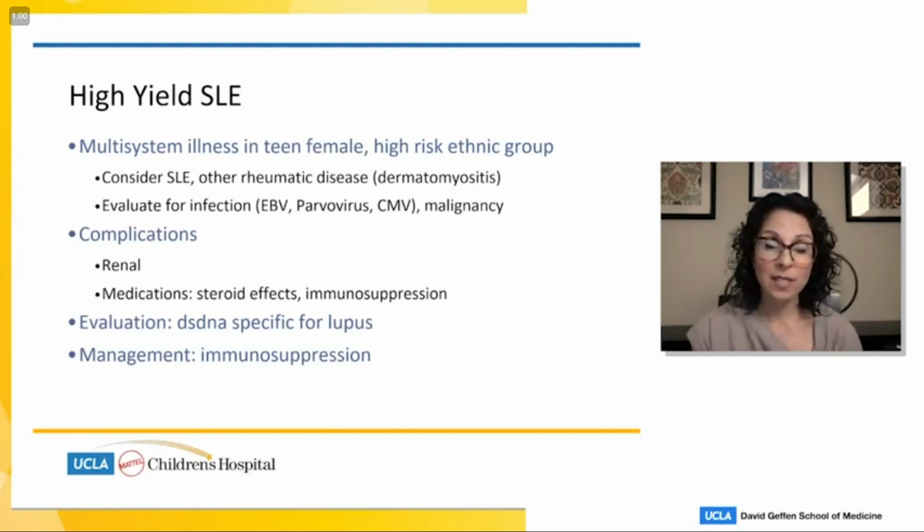So here's your high yield slide for lupus. Multi-system disease in a teenage female, but it can involve males as well, just more predominantly in the females. High-risk ethnic group. Complications, we really worry about our lupus nephritis specifically, as well as medication side effects.